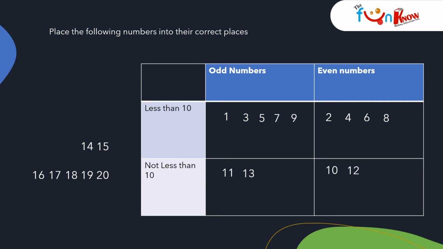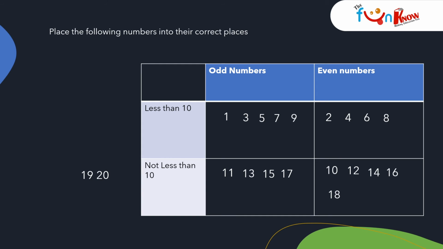14, not less than 10 and even. 15, not less than 10 and odd. 16, not less than 10 but even. 16 is done. 17 is not less than 10 but it is an odd number. 18, it is an even number and it is not less than 10.